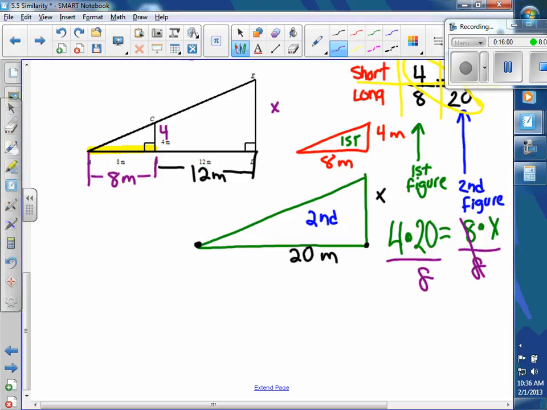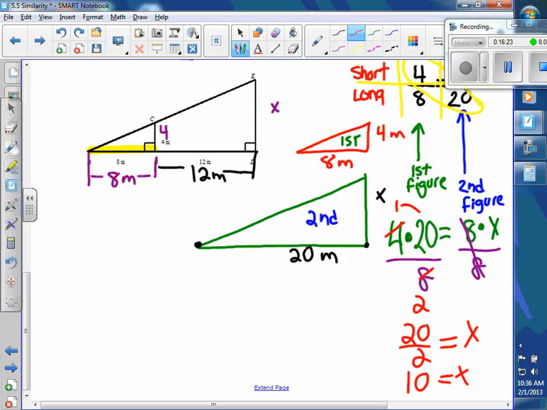And then practice doing reducing. 4 goes into itself once, it goes into 8 twice. So this is the same as 1 times 20 divided by 2, which is 10.